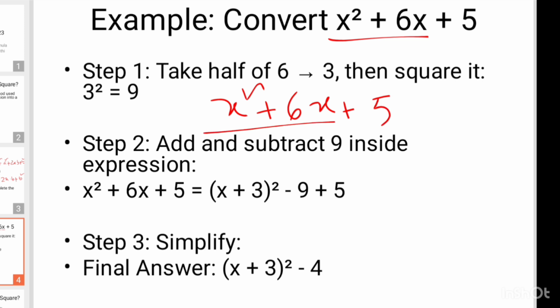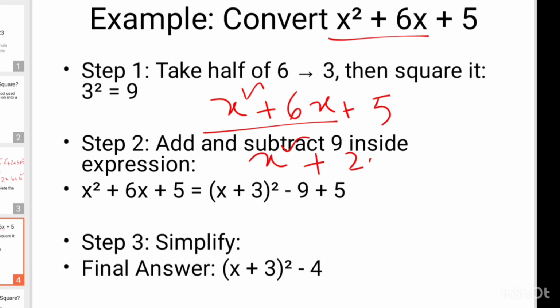Just think about the a plus b whole square formula. Then in the formula, 2 times a means x and b means 3. So that is 3 times 2 giving 6x, and we have to match here 6x. Then b means 3 whole square.